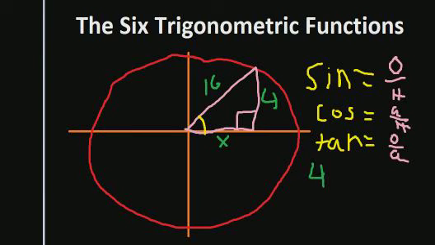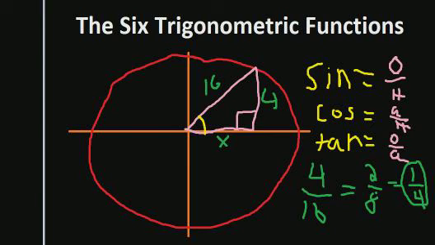So we would have 4 divided by 16. And this can be simplified to 1/4, which would be your answer. So the sine of this would be 1/4. That's how you would solve for that problem.